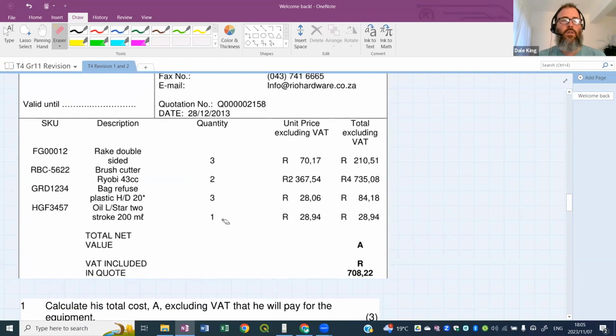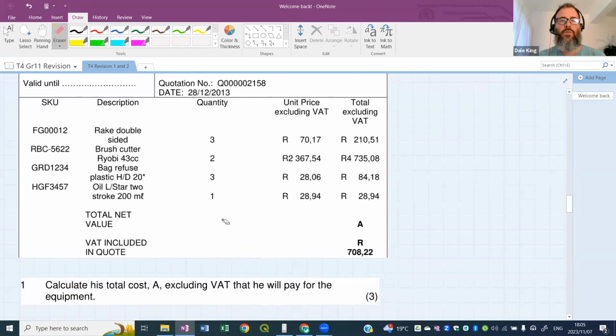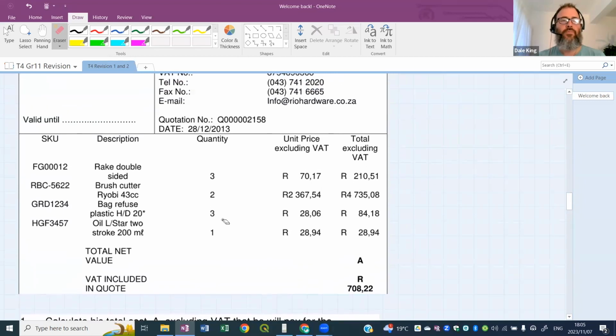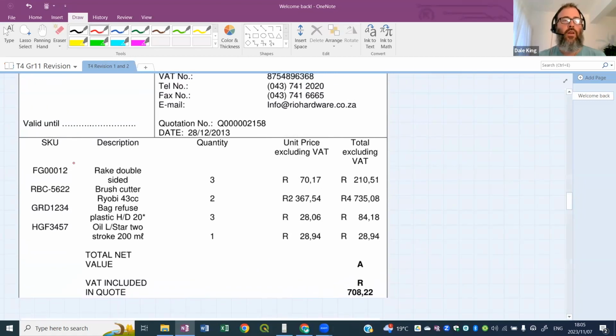So we've got four different items listed here. All right. So number one, we have item codes. Okay, so the business will have these codes for their items on the left there. And then we have the item description over here. All right, and looking at a rake, a brush cutter, a refuse bag, and some two-stroke oil.